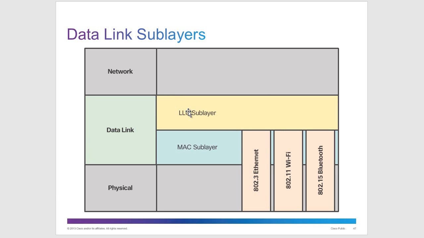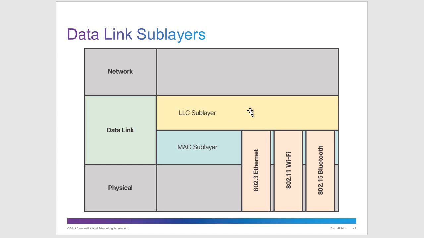The LLC sublayer allows for that to happen. Again, the LLC sublayer communicates with the layer above the data link layer and contains what network protocol is currently in use.